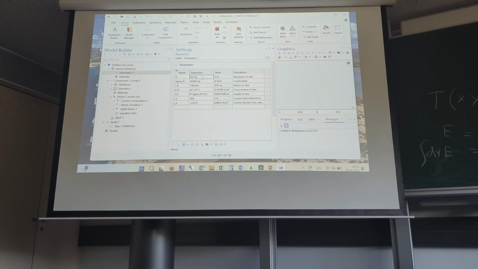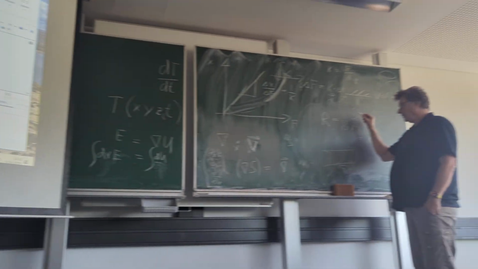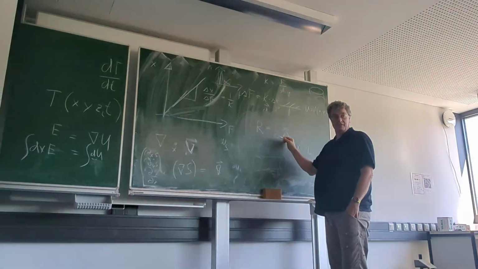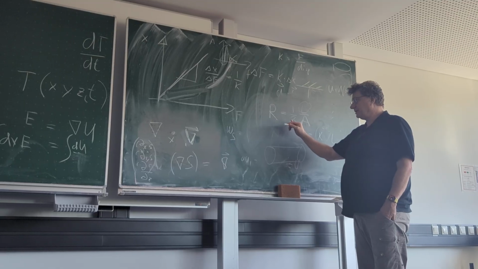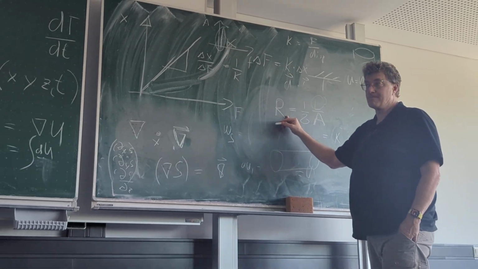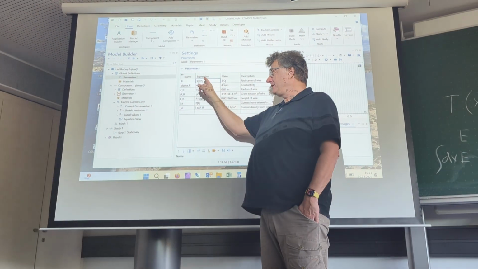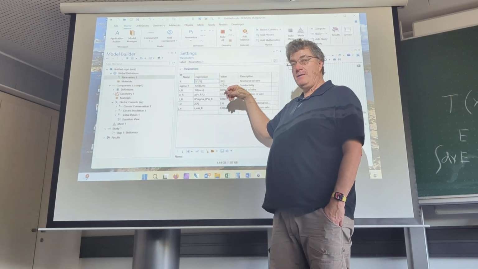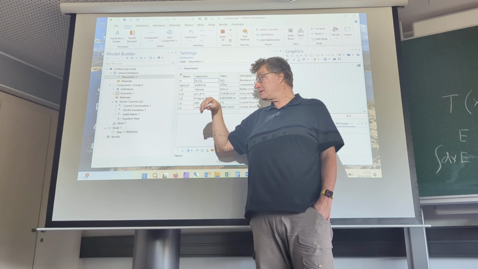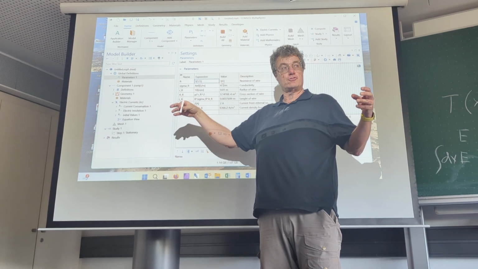So here I set the resistance to be 3 ohm. The idea is to calculate the length, with a given cross section and a given material parameter, such that the resistance becomes 3 ohm. I did this because I want to be able to calculate the overall voltage drop.